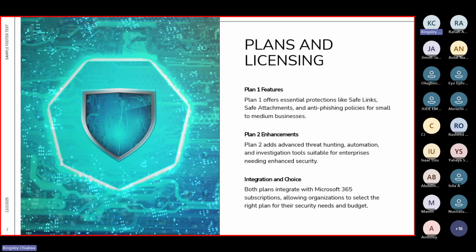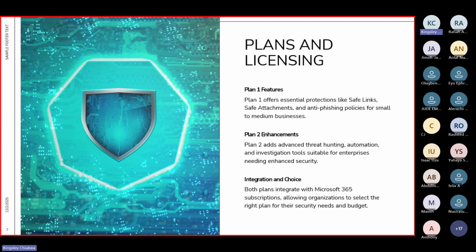For example, Defender for Office 365 Plan 1 offers essential protection like safe links, safe attachments, and anti-phishing policies for small to medium businesses. Plan 2 adds advanced threat hunting, automation, and investigation tools suitable for enterprises, leading to enhanced security.